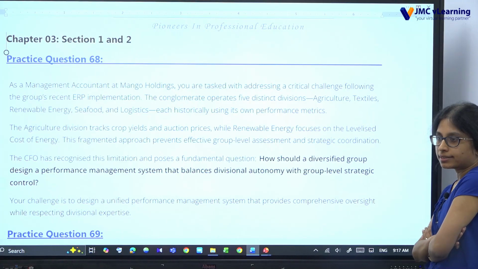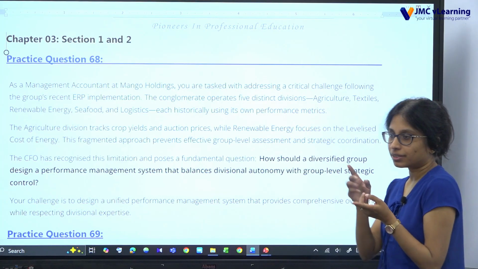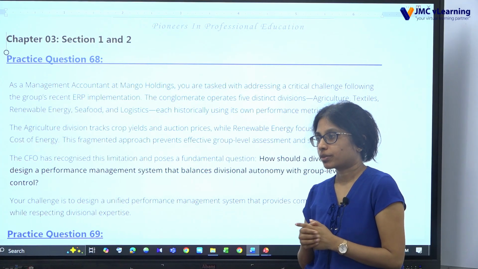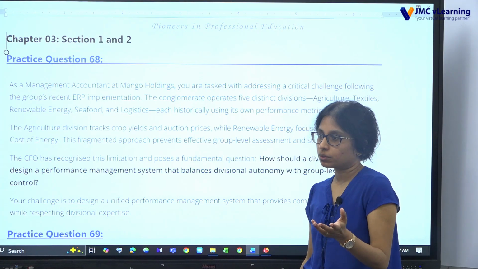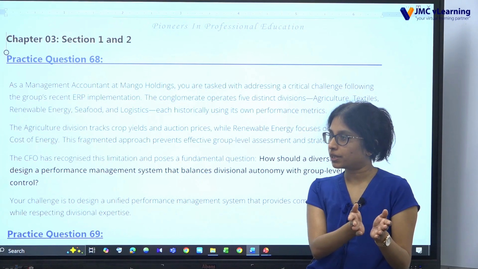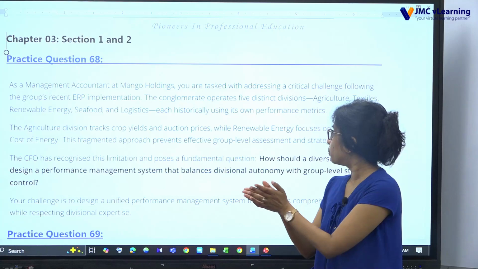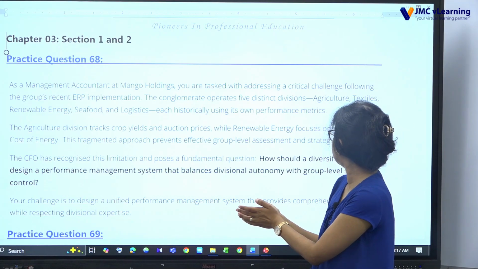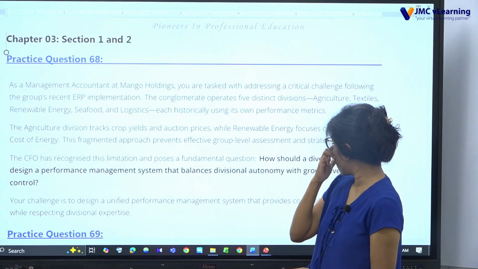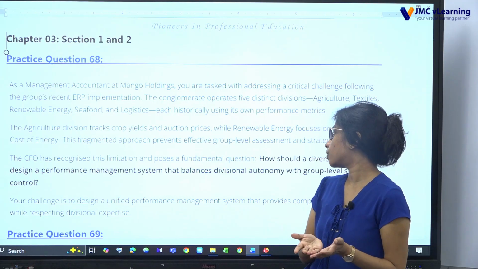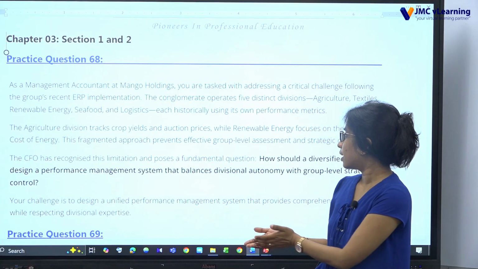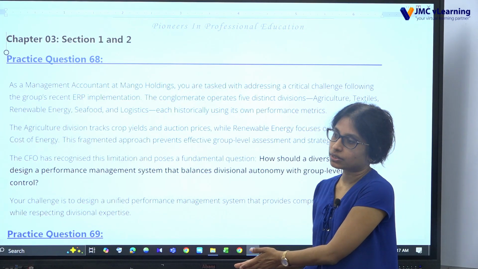They don't go by the same measures, so you cannot compare between the companies. Let's say crop yields in the agriculture company and on time deliveries in logistics.